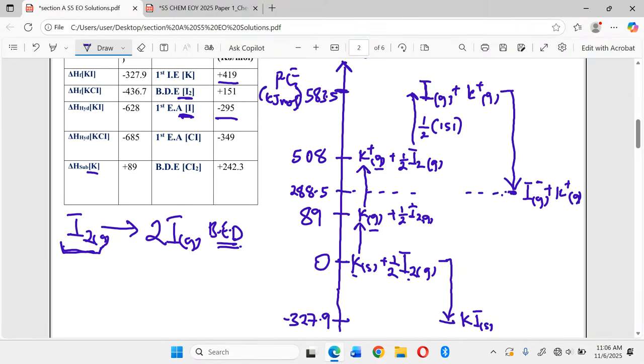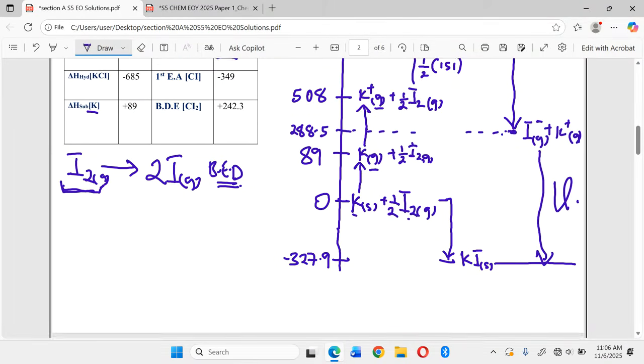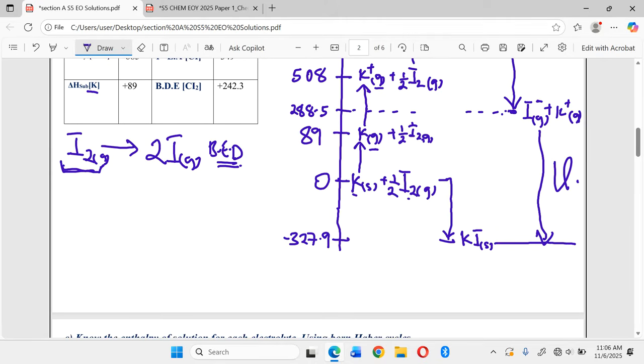And at this stage, we can get our lattice energy when we move from those gaseous ions and come to our product here. That is our lattice energy. Are you seeing that? So we are just going to calculate the lattice energy.